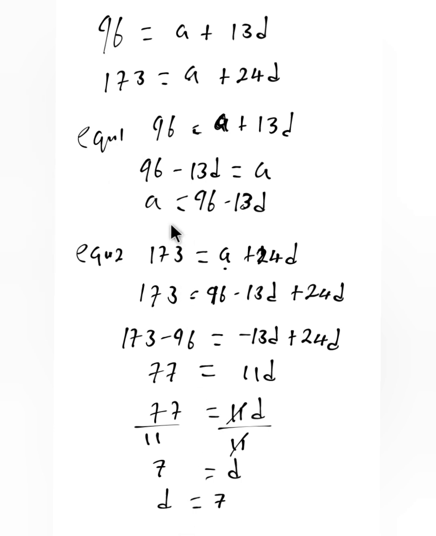But take note that A is equal to 96 minus 13D. Assuming this is equation 3, from equation 3 we have that A is equal to 96 minus 13D.